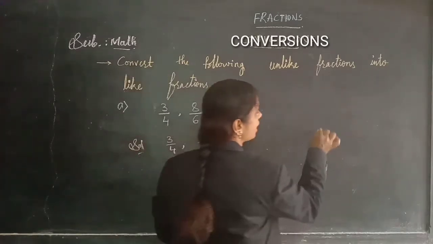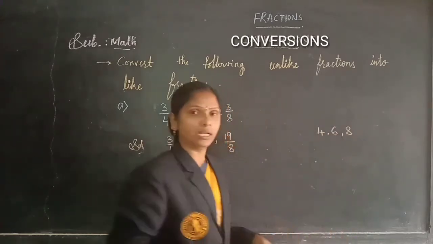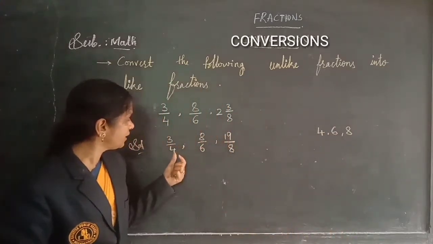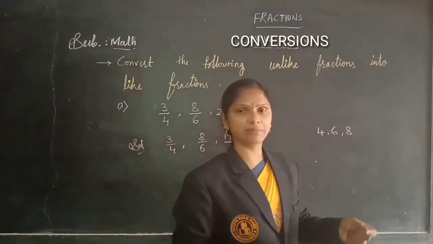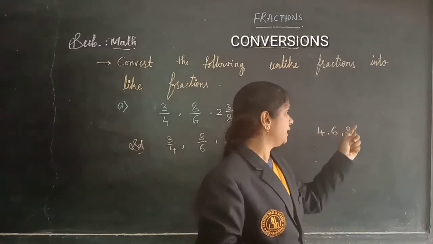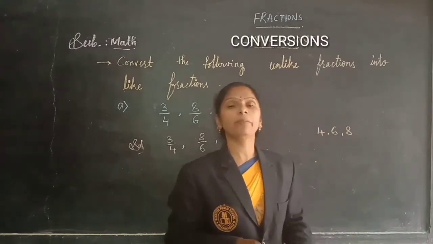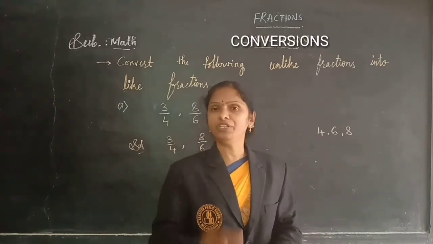So here I am showing how to do the LCM. The LCM of the denominators. What are the denominators here? 4, 6, 8. So how to do the LCM, children? You need to check which table 4, 6 and 8 are all divisible by. The three numbers should be divisible by the table which you are selecting.